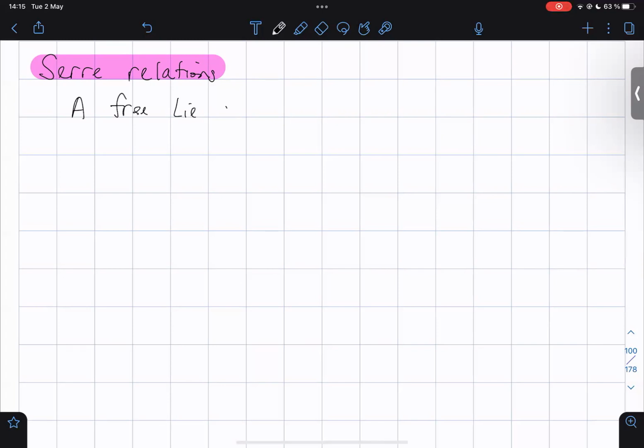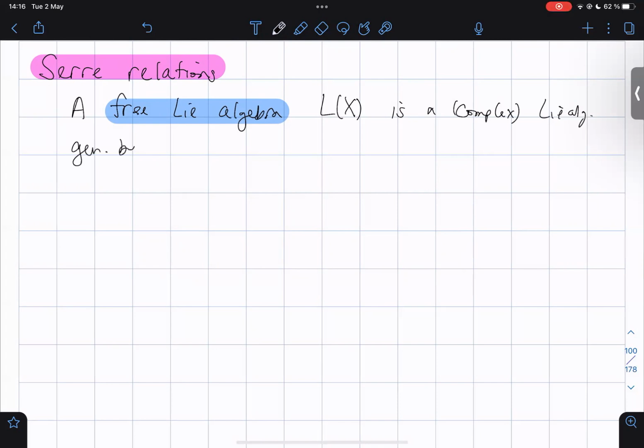I want to mention this notion of a so-called free Lie algebra. Given a set X, we could talk about the free Lie algebra L of X. This is a complex Lie algebra generated by a set X without any imposed relations other than the minimal you need for being a Lie algebra.